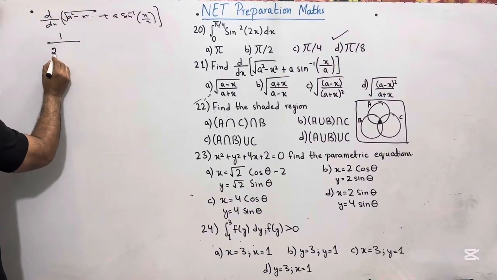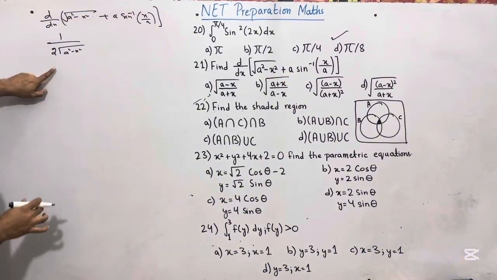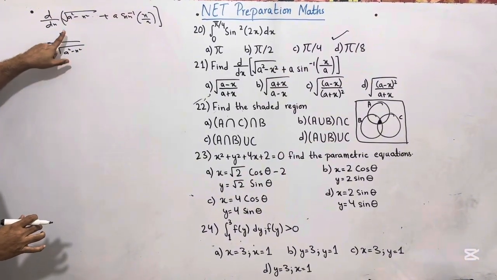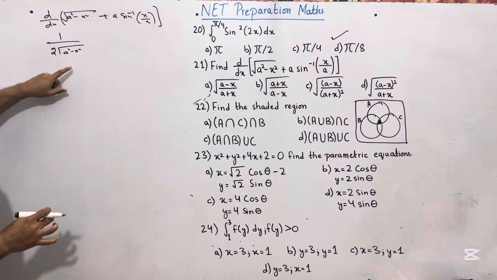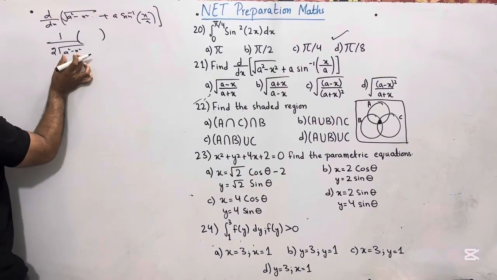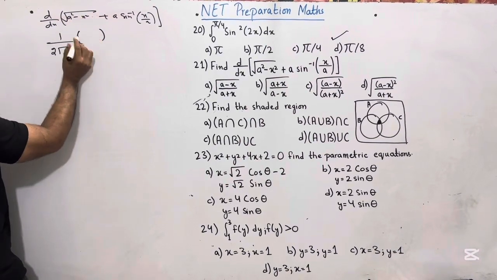This one can be written in the denominator as 1 over 2 under root a square minus x square. Whatever is in the square root, write 1 upon 2 times that function. Whatever is inside that square root, differentiate.